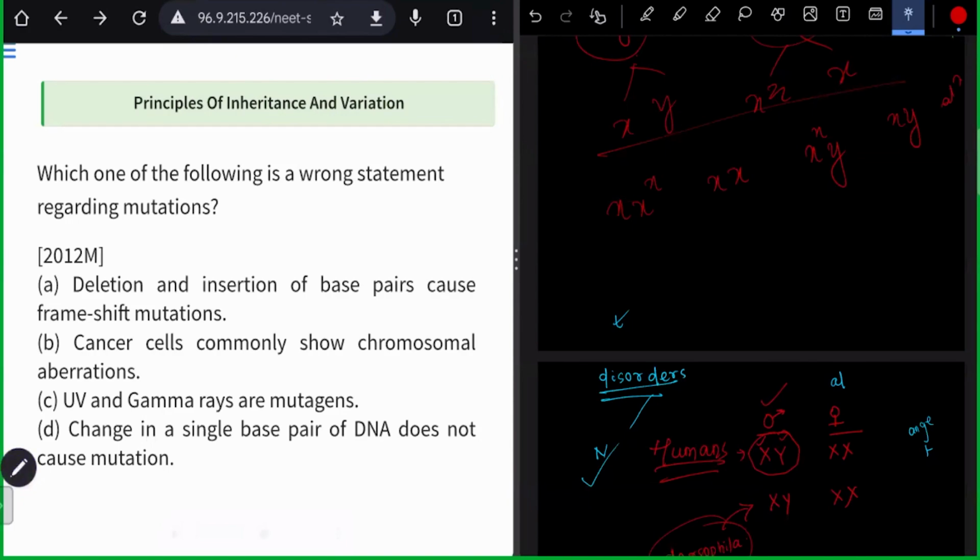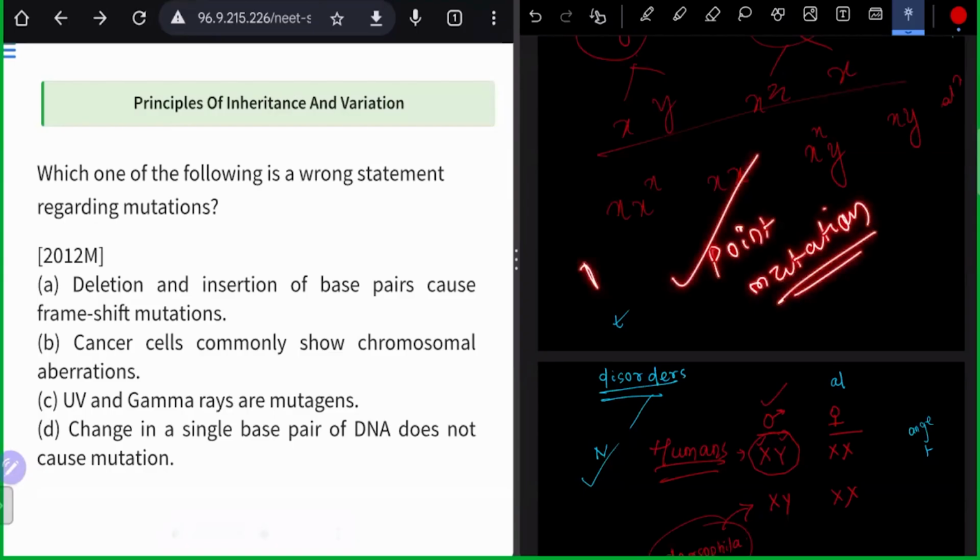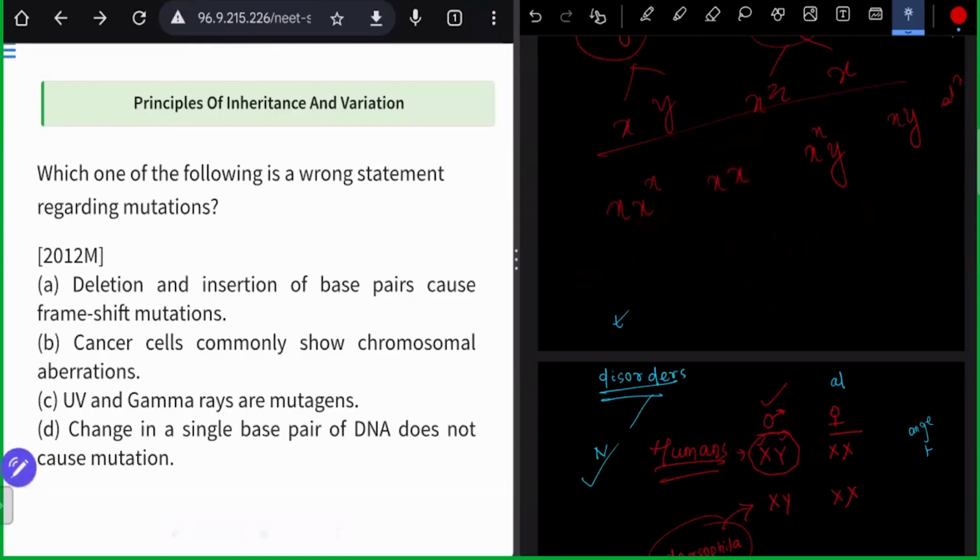Fourth option is, change in a single base pair of DNA doesn't cause mutations. No, if there is a change in a single base pair, it is known as point mutation. There can be a point mutation, there can be a frameshift mutation. Here it is written doesn't cause mutation, which is wrong. So the correct answer is option D.